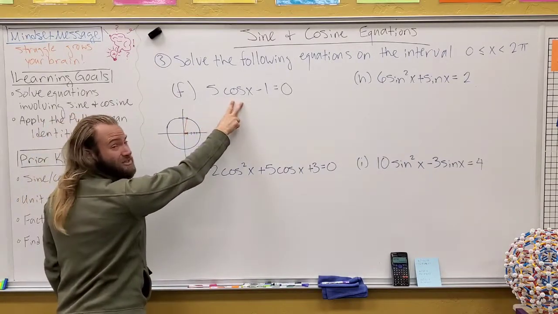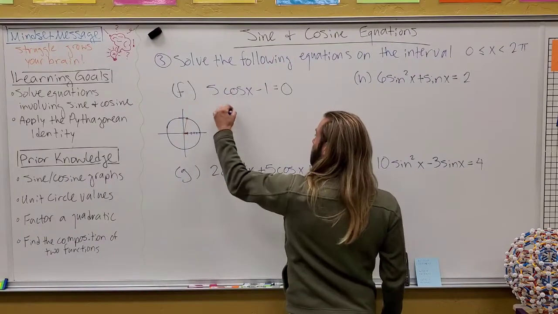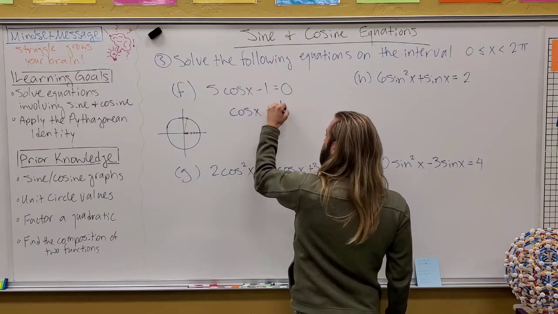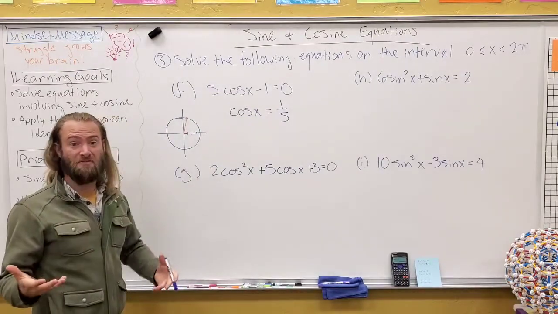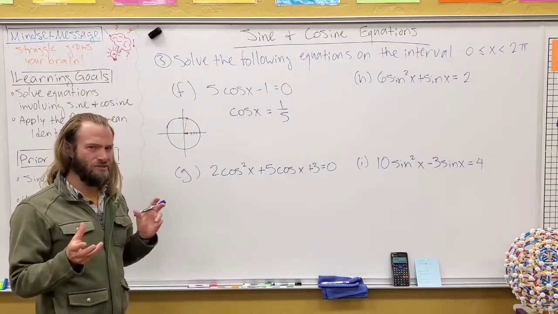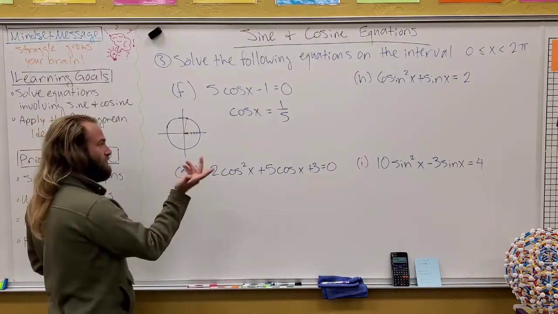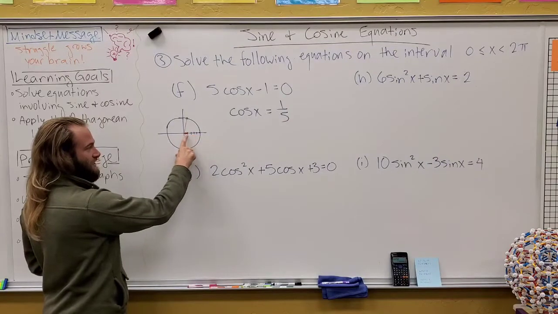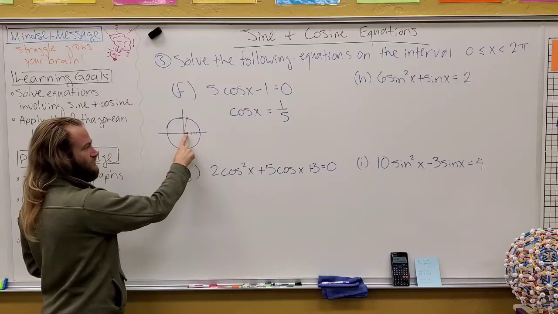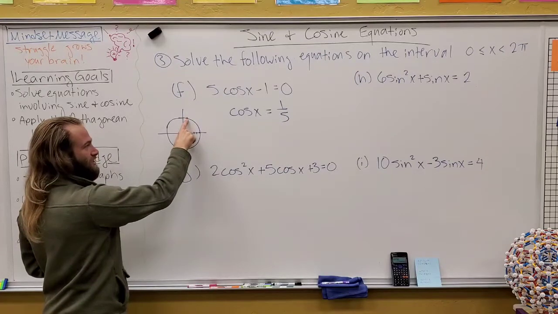This one instead is cosine, and I think we can all agree that if we solve this, we get cosine x equals 1/5. Which yet again we agree, cosine can be 1/5 at some point, but again it's not one of those nice angles that we just know what the angle is, right? So we're going to have to use what we just thought about. In this case though, I split this into fifths, so wherever cosine x is 1/5, it's going to be about there on the unit circle.